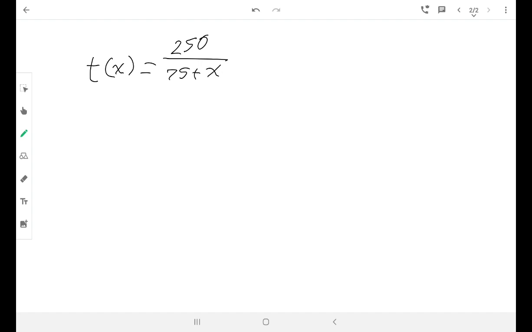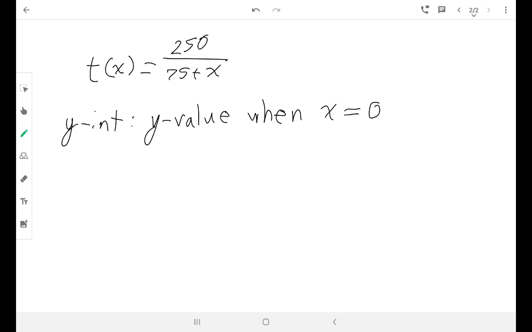And the y-intercept, an easy way to remember it is that it is the y value when x equals 0. And that's how you can always remember the intercepts. They are that value when the other one equals 0.